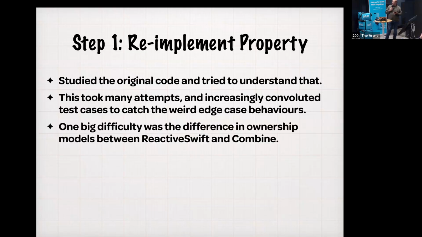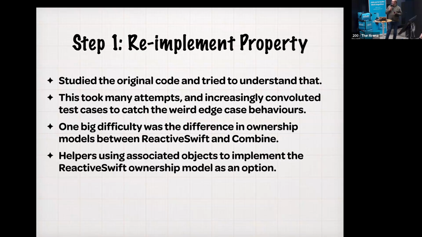The one big thing was that there's a different ownership model between reactive Swift and Combine. When you use Combine, when you listen to something, you have to store the cancellable object to keep it alive. It works differently in reactive Swift. You don't have to store anything. The ownership goes the other way around, and that's kind of a problem for getting this ported directly.